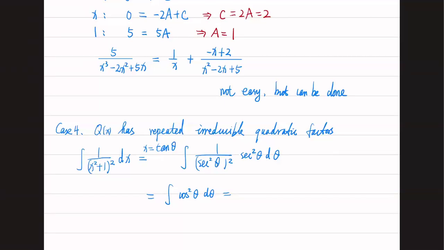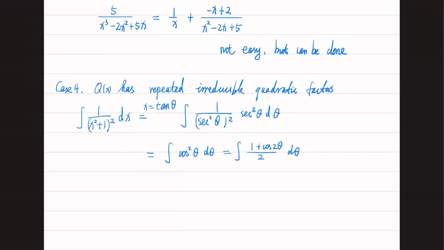Because this is an even power, we use the double angle formula to reduce the power by half. The double angle formula is... okay. Then we integrate.